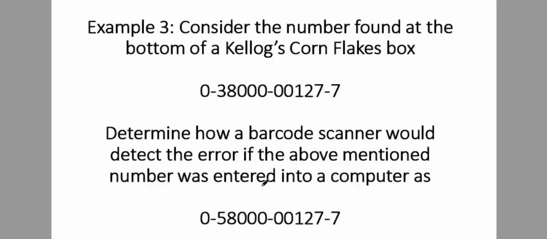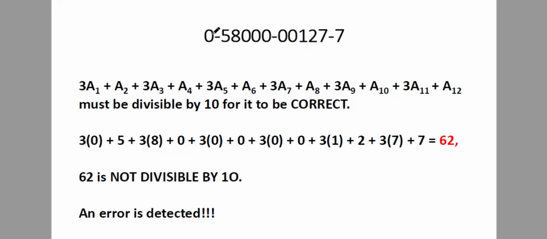Okay, so let's just check. So this is A1, so 3 times 0 plus 5 plus 3 times 8 plus 0 plus 3 times 0 plus 0 plus 3 times 0 plus 0 plus 3 times 1 plus 2 plus 3 times 7 plus 7. Okay, so A12 is now included because this is a complete UPC.